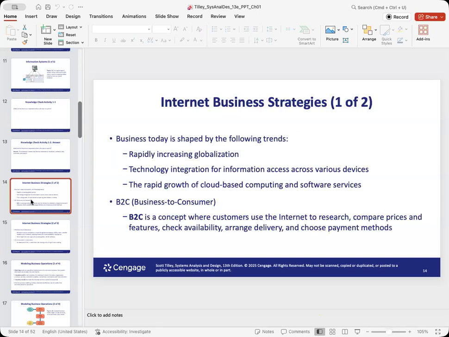Now, internet business strategies. The other objective is for you to understand what internet business strategies are. Business today is shaped by the following trends: rapidly increasing globalization, technology integration for information access across various devices, the rapid growth of cloud-based computing and software services.